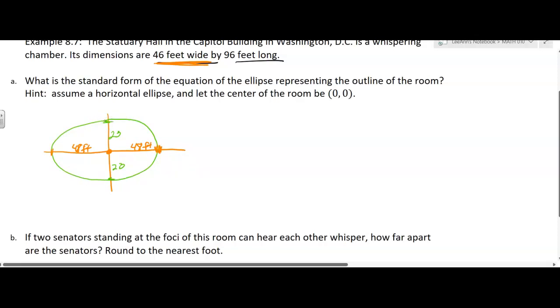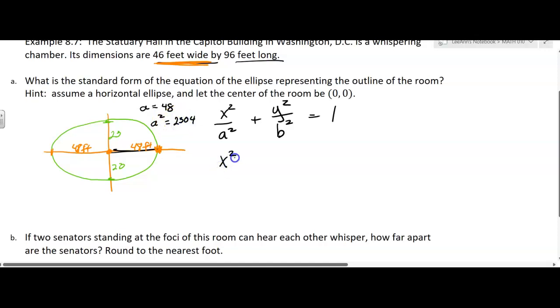Okay, but they want the standard form of the equation. So we know the standard form is x squared over a squared plus y squared over b squared equals 1. And this distance here represents a. a is 48, so we're going to have to square that. a squared, we just do that on a calculator, is 2304.